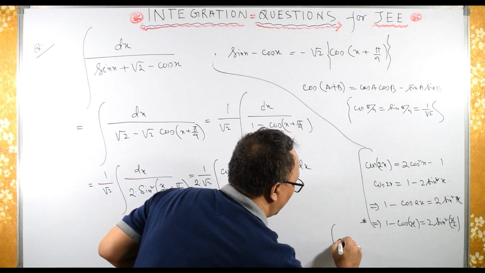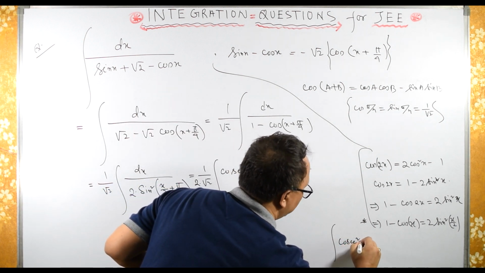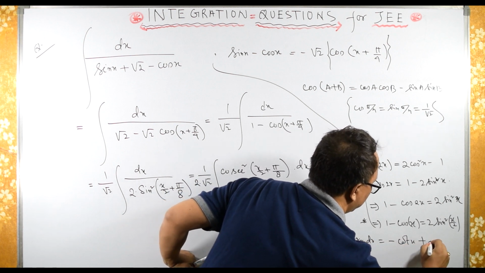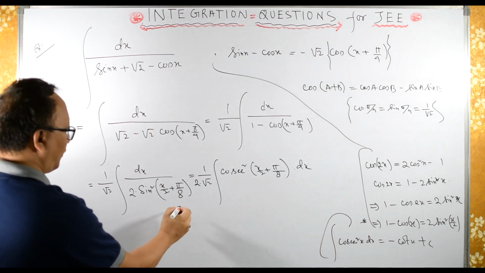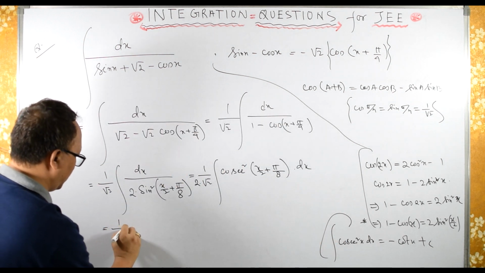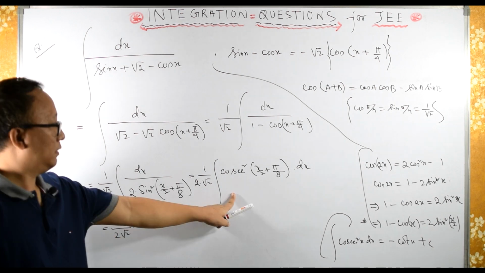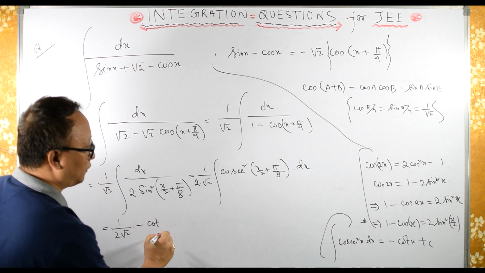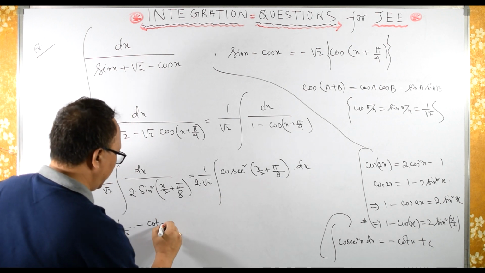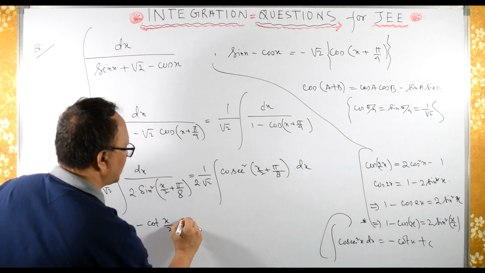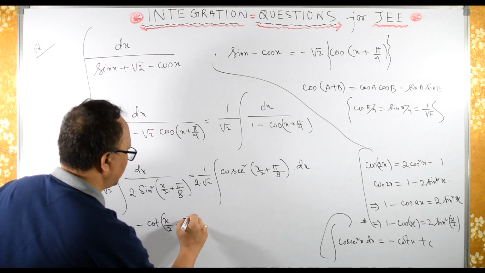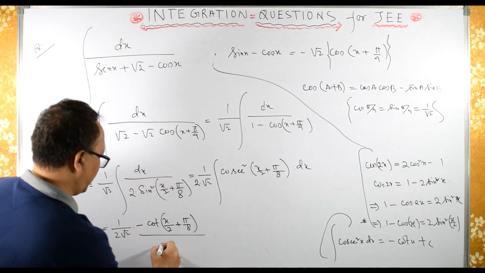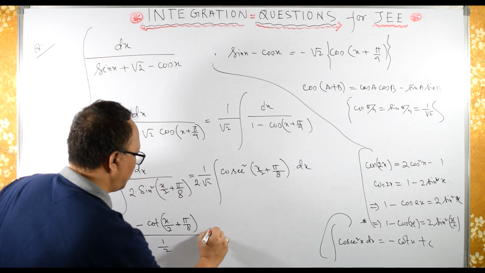Remember, we have the integral of cosec square x as minus cot of x plus c. Now let's apply this formula over here. It is 1 by 2 root 2. The integration of this is minus cot of x by 2 plus pi by 8 upon d by dx of x by 2, which is half, so we get 1 by 2, plus c.